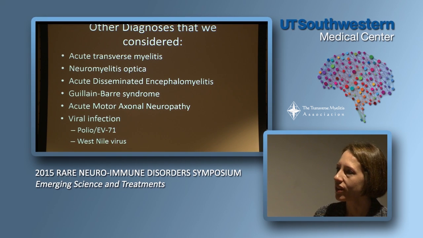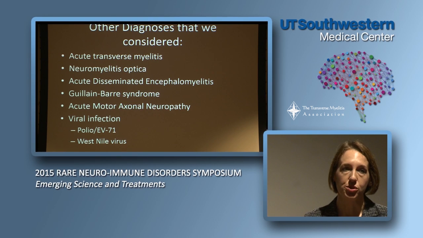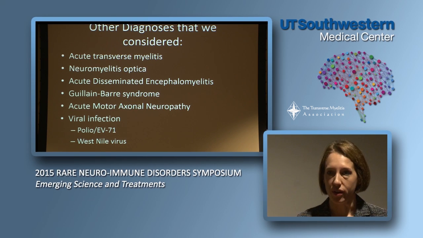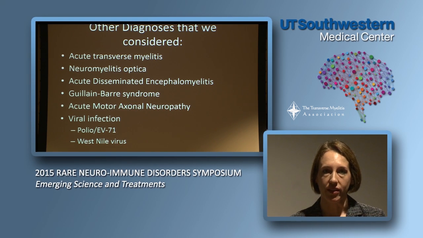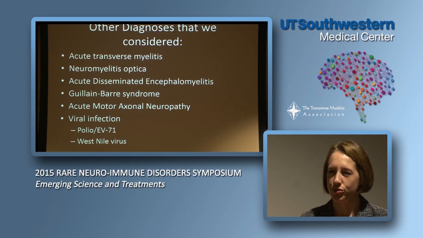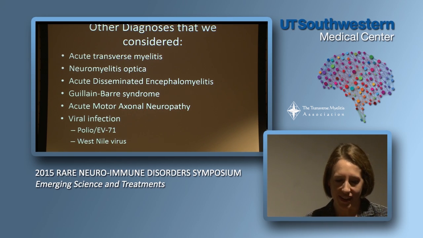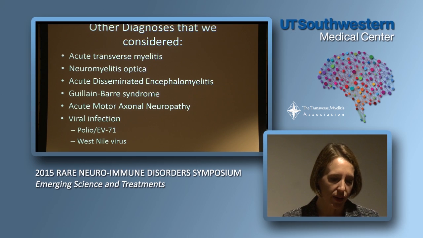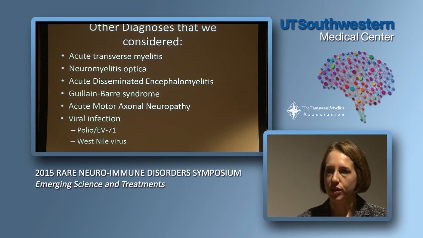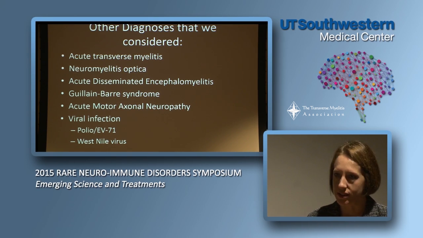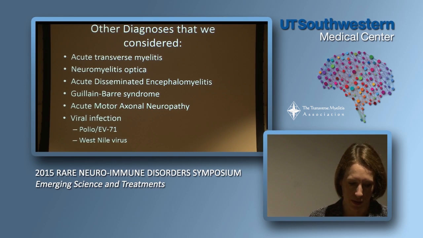But we considered a lot of other diagnoses as we were working up these children, and one of them was acute transverse myelitis. Again, this is a term that we're trying to further describe, understand, and categorize, but it has been a term that refers to inflammation of many different etiologies in the spinal cord.